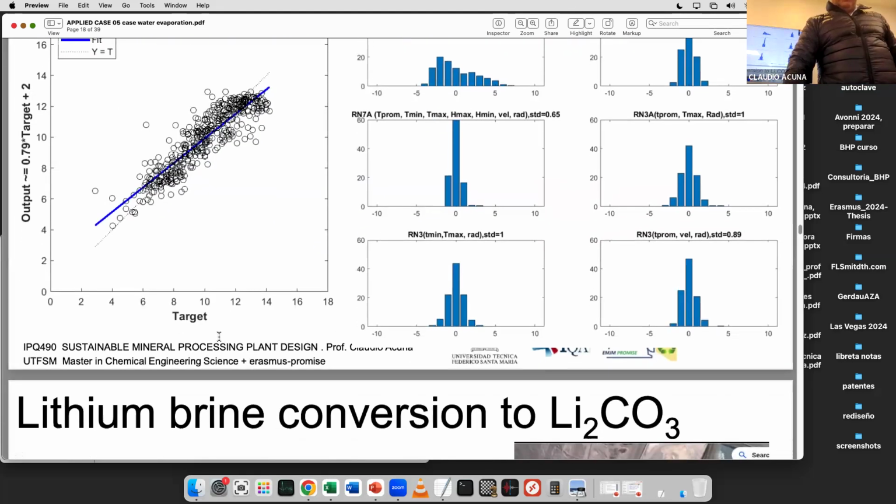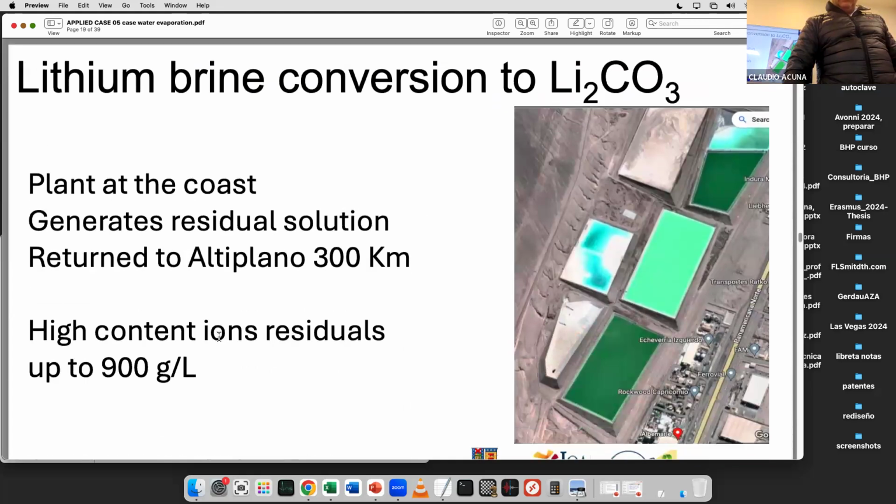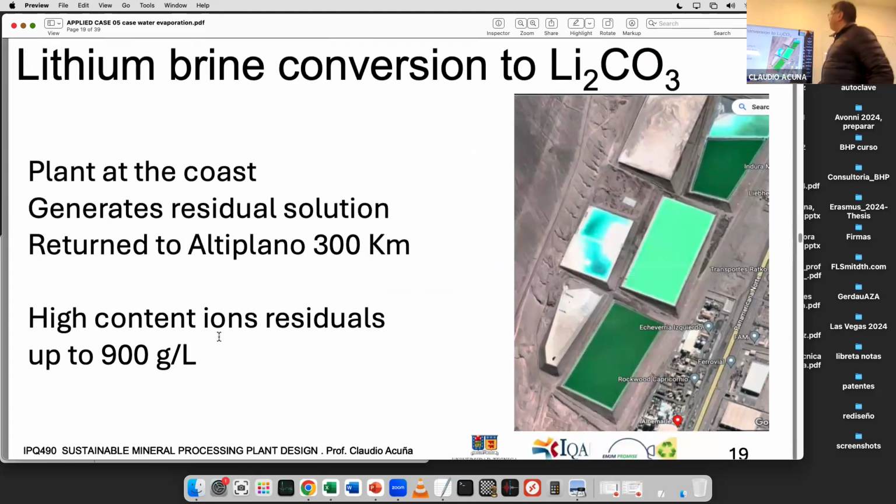Okay, this was a parenthesis. Coming back to lithium brine, this is already in Antofagasta, so they have these ponds in order to get rid of the remaining solution. But since they are near the coast, the evaporation rate is very low, 1 liter per square meter per day.